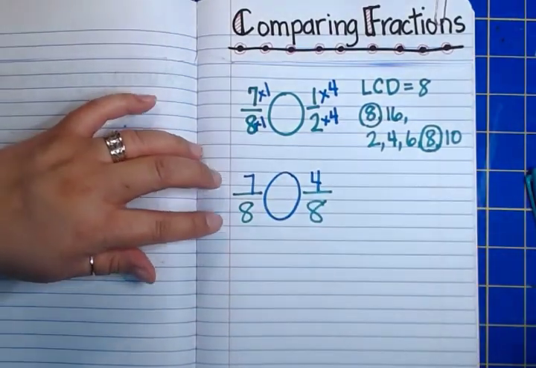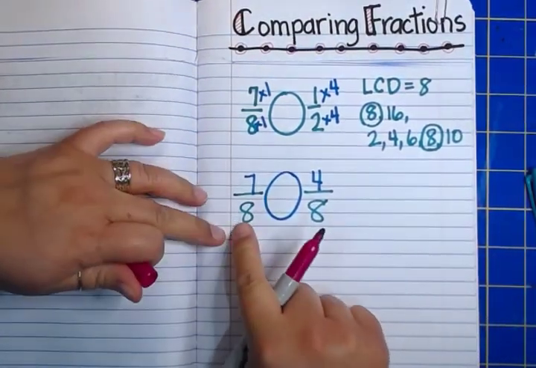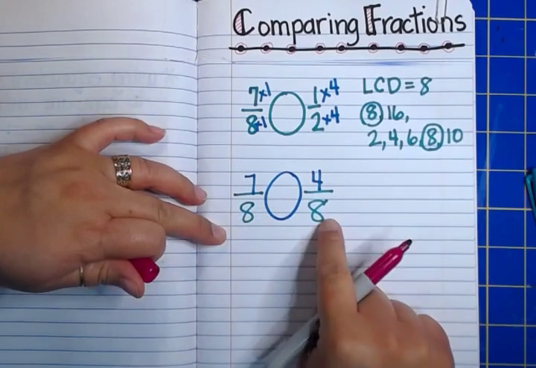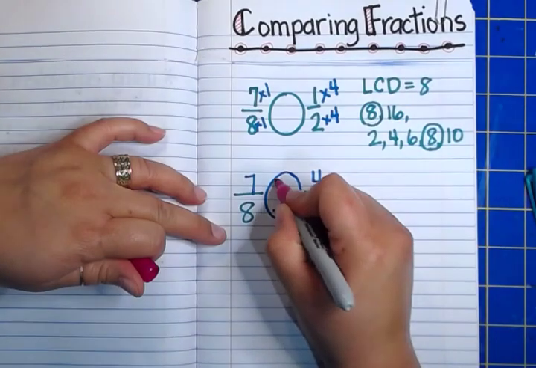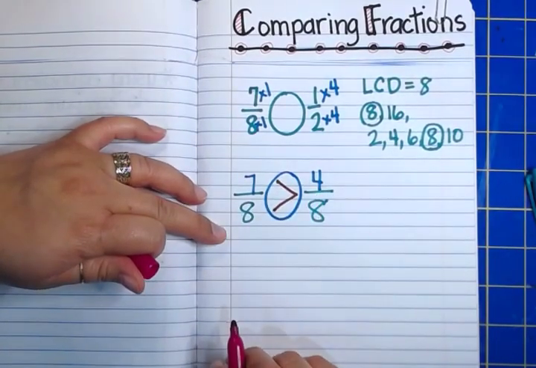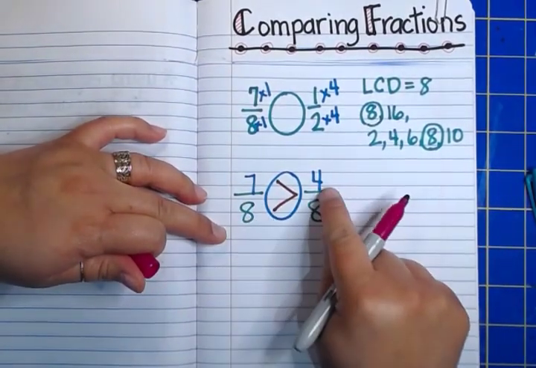Now I'm ready to compare because my denominators are alike. And I can tell that 7 is greater than 4, so I will use the greater than symbol. 7/8 is greater than 4/8.